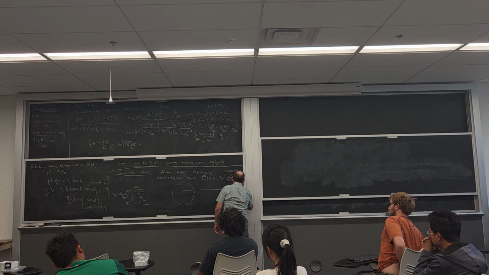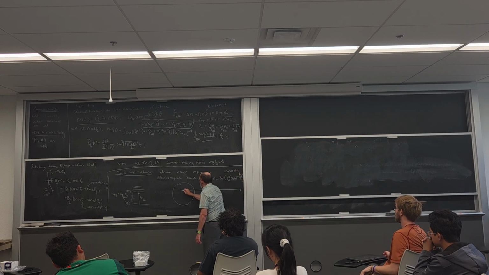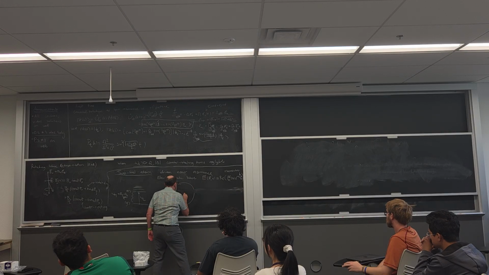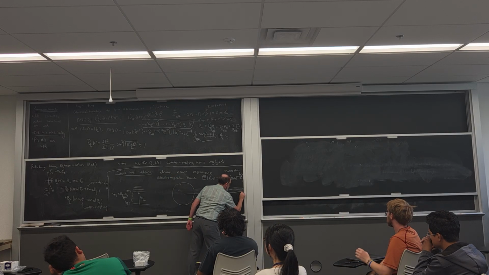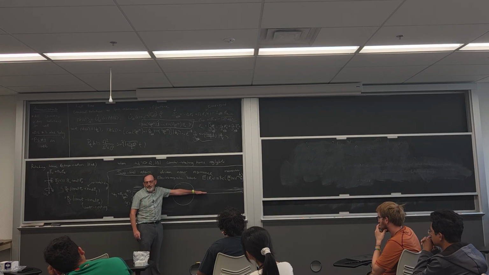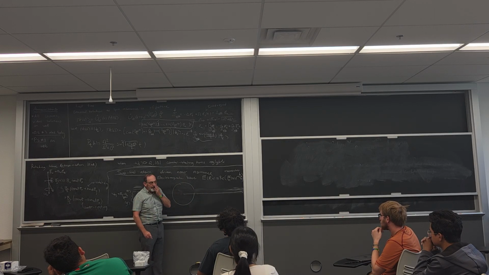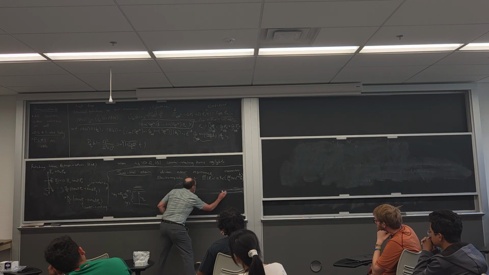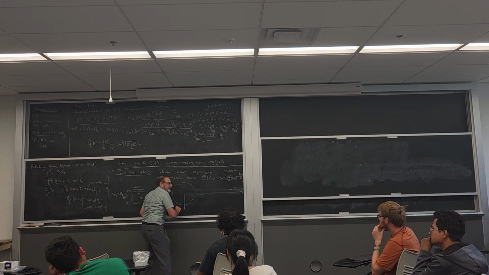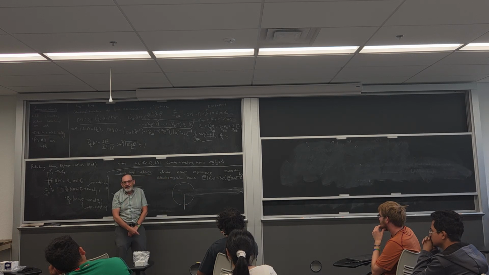If my Rabi frequency is like this and my detuning is like this, that's supposed to be the center of the sphere. Then my effective axis is almost the same as the detuning axis. If my detuning is absolutely huge compared to the Rabi frequency, I can't get out of the ground state.